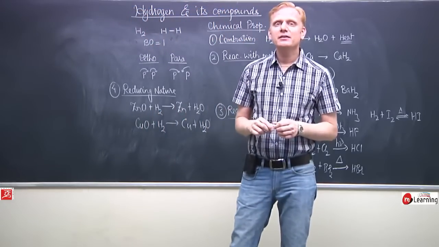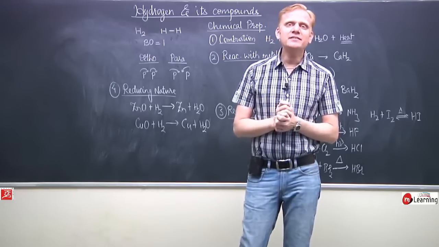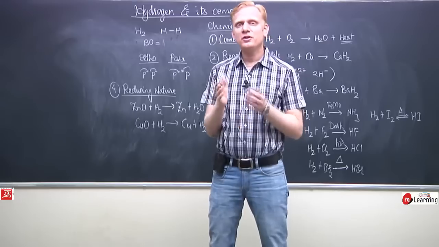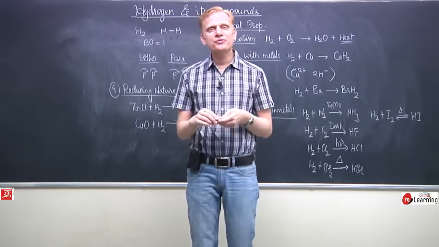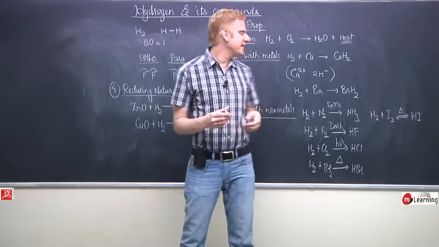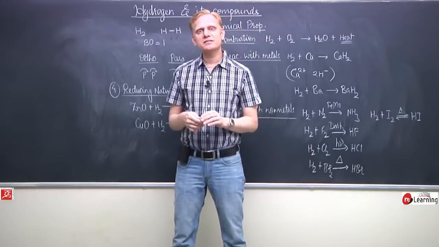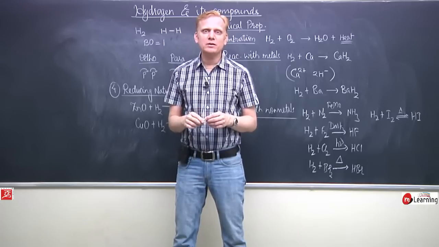They need to be considered in detail. Along with that, the compounds of hydrogen with non-metals, non-metal hydrides like ammonia, water, phosphine and different halogen acids, are also included in our topics of P block elements.